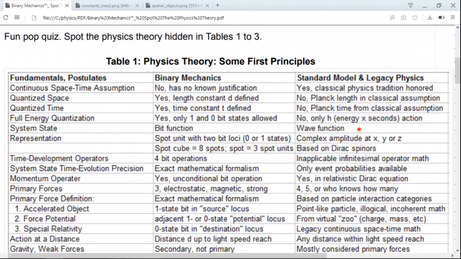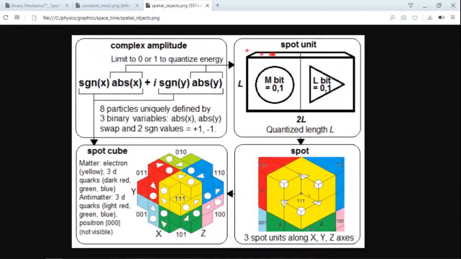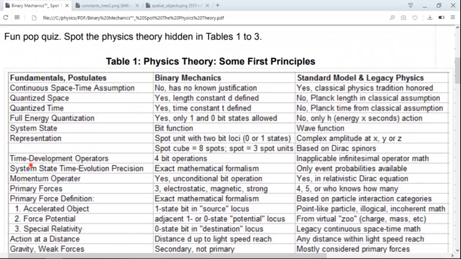The mathematical representation is the spot unit, consisting of two binary bits, which can only have 0 or 1 states, to quantize energy, assembled into groups of 3 called spots. These spots are then assembled into the mathematical model of space called the spot cube, which consists of 8 elementary particles.